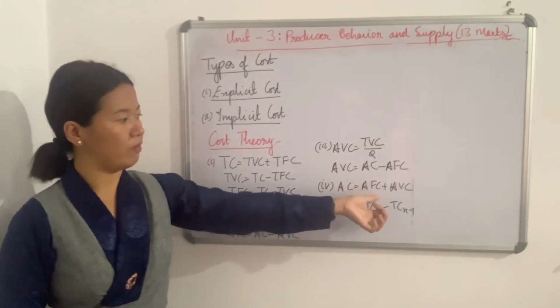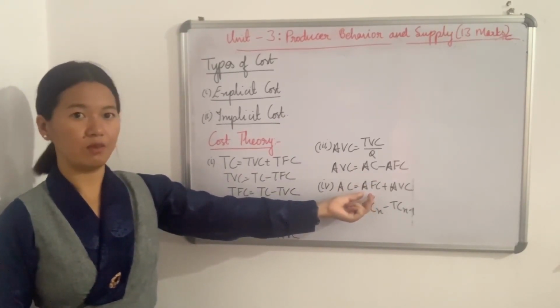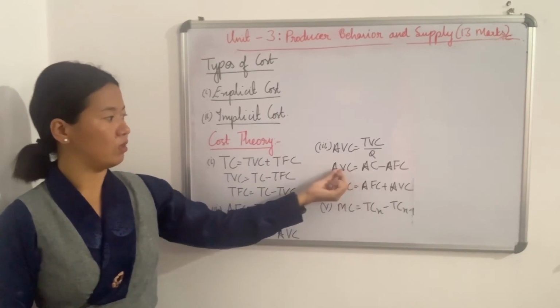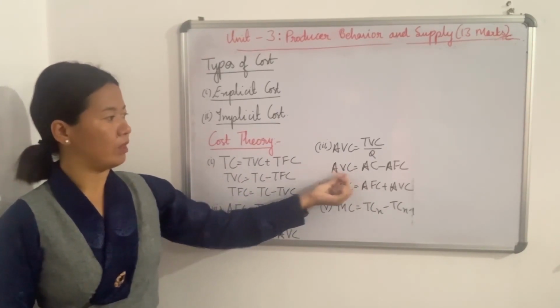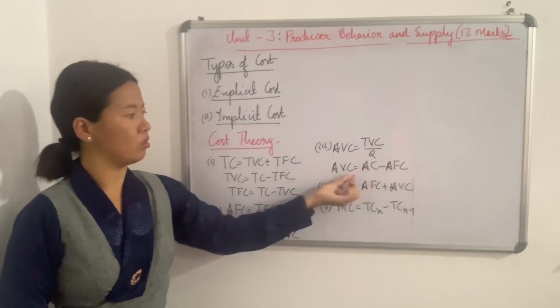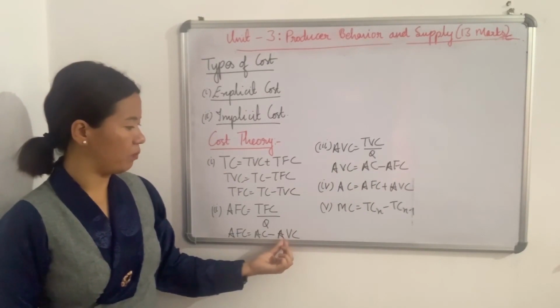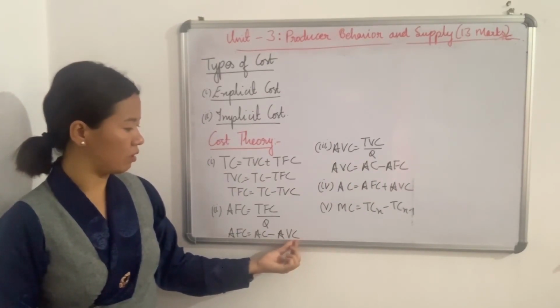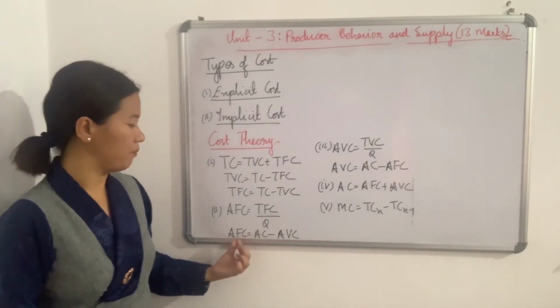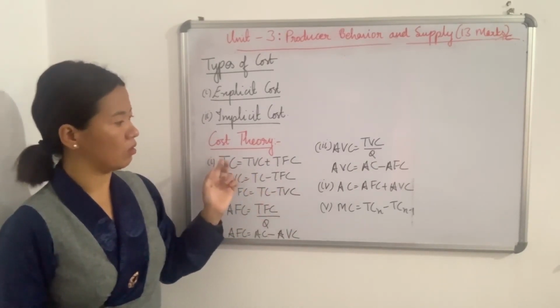From these 3 variables, if two are given, you will get the third one. When average fixed cost is given, when you deduct it from average cost, you get average variable cost. Also, when average variable cost is given, when you deduct it from average cost, you will get average fixed cost. So these are the formulas for cost theory.